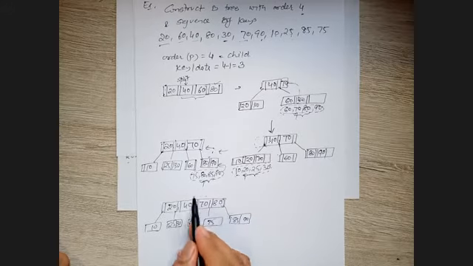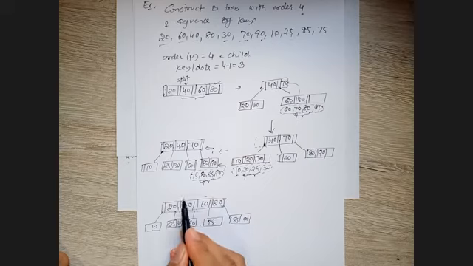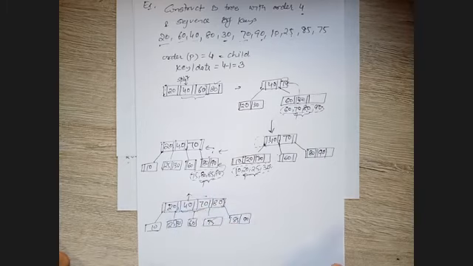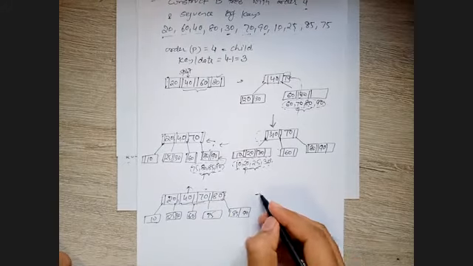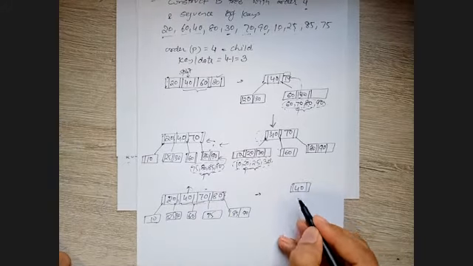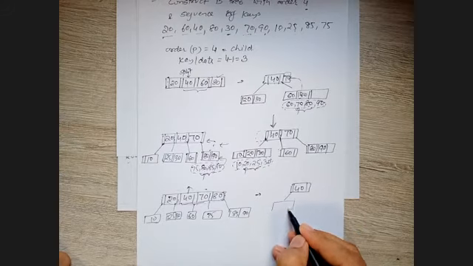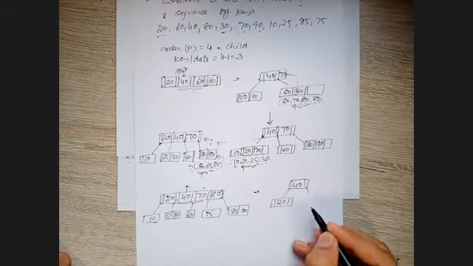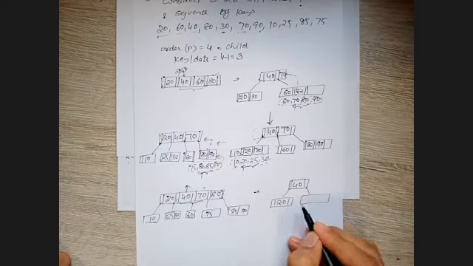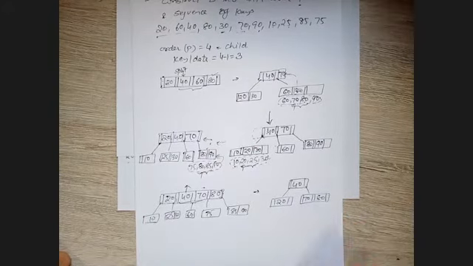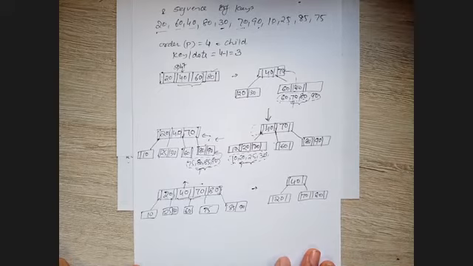But check this node again, this is an overflow, isn't it? We have four keys, so we'll split again using the same technique. 40 will be taken as the root, so 40 goes upwards. We have the rest of the values: 20 for this one, and 70 and 80 for the other.